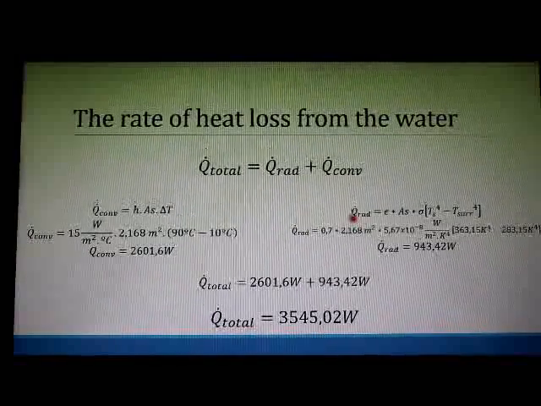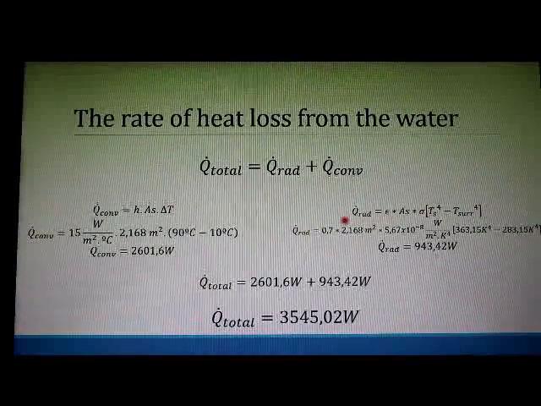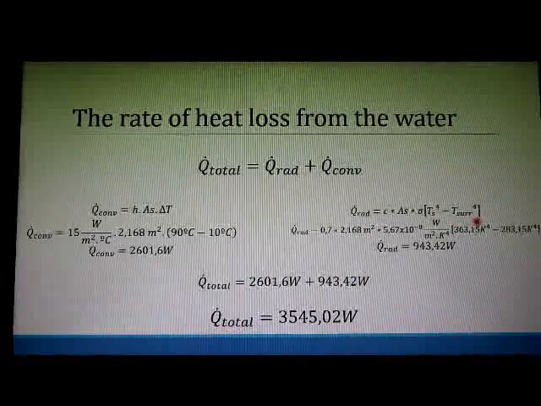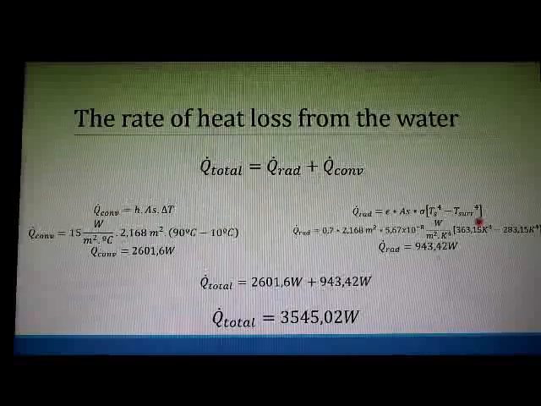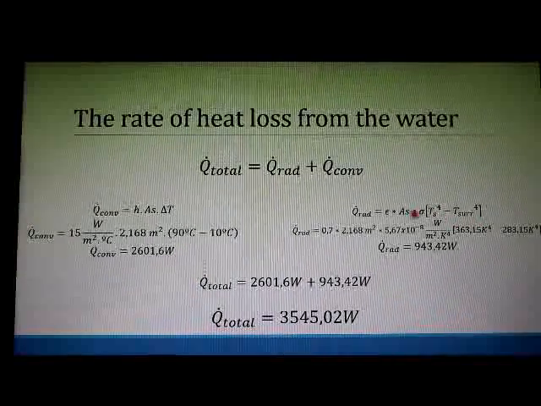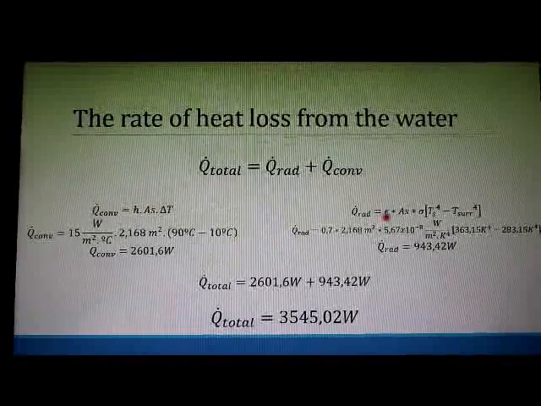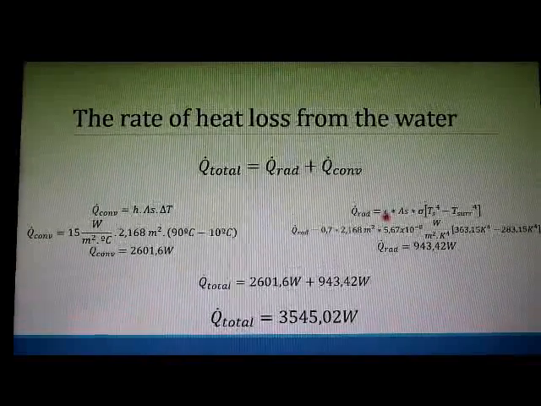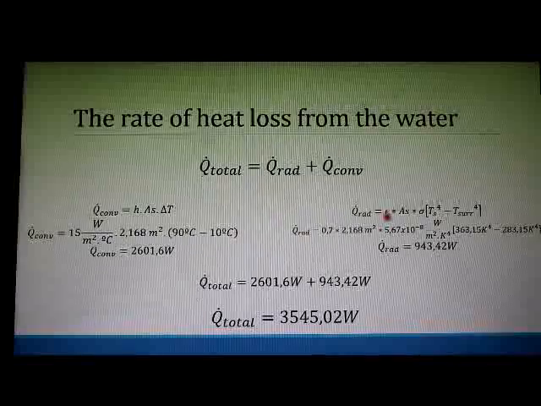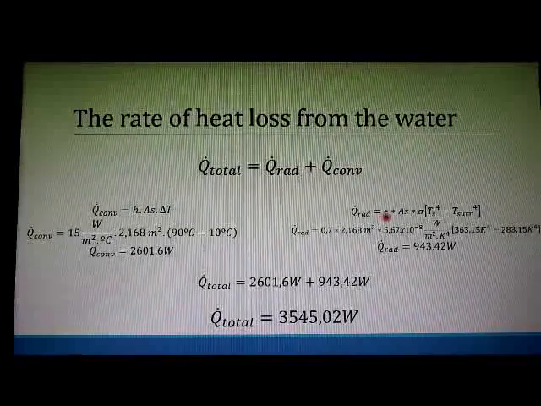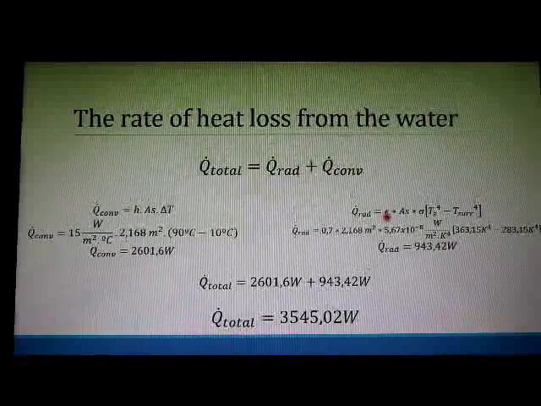Now we're going to find the heat transfer by radiation. That is this equation. In this equation, we can see that we have two different numbers. First, this one is the emissivity that is already given in the description of the problem.